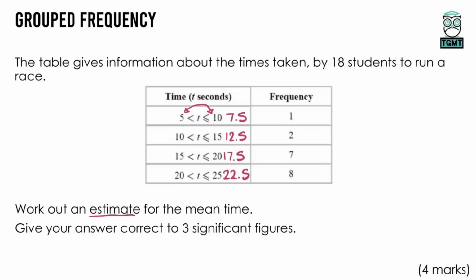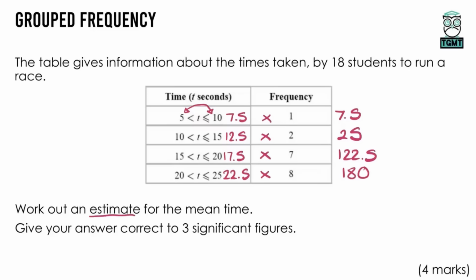Now all we're going to do is multiply across to find the total of each row. So there's one person at 7.5, 2 at 12.5, 7 at 17.5, and 8 times 22.5. So obviously using your calculator for this, and we're going to get the total of each row. 7 times 17.5 is 122.5, and then 8 times 22.5 is 180.